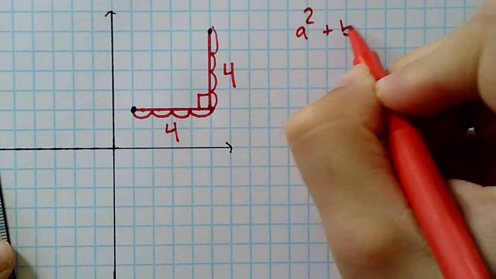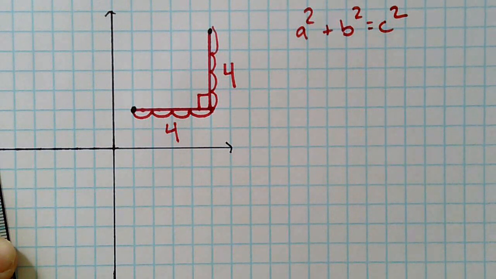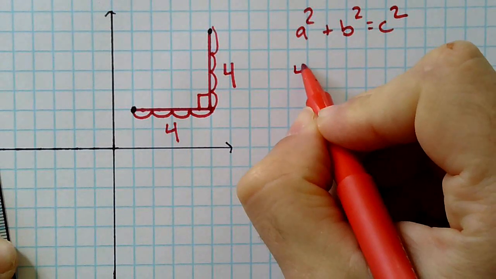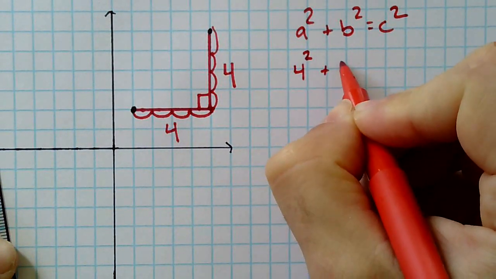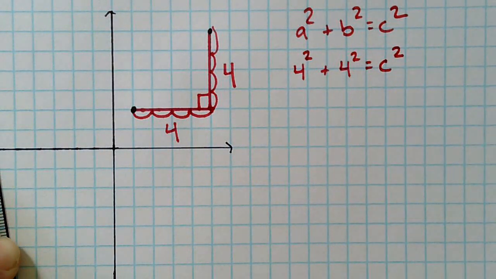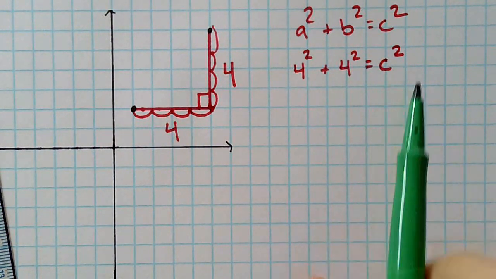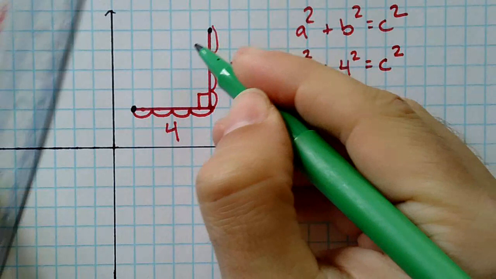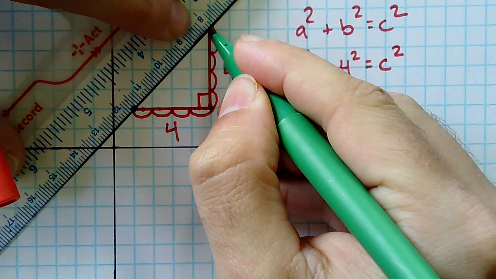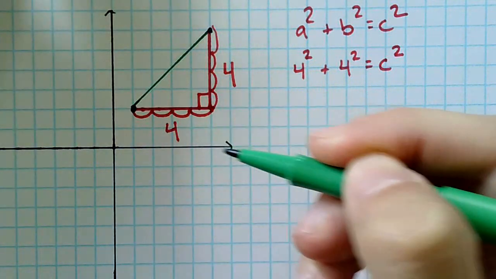I'm going to jump right into my Pythagorean theorem: a squared plus b squared equals c squared. In this case, both legs are 4, so I have 4 squared plus 4 squared equals c squared. Why am I using the Pythagorean theorem? I'm looking for c, and c is the distance between these 2 points.